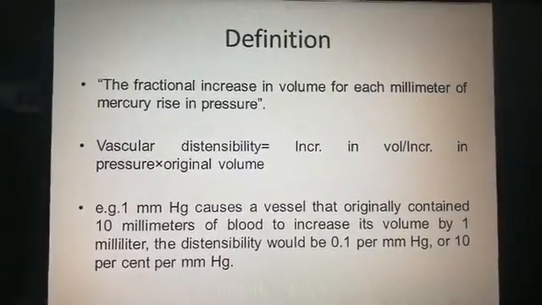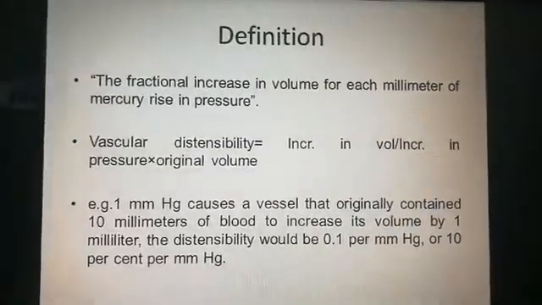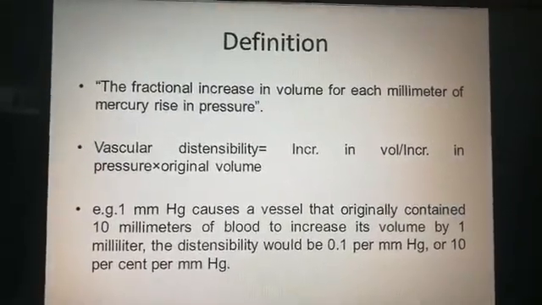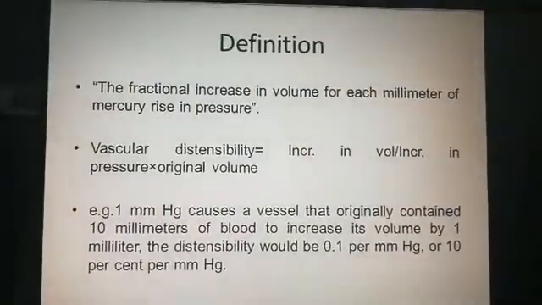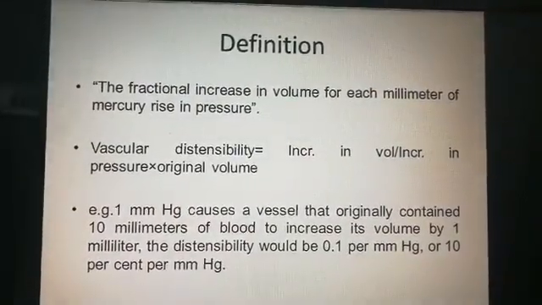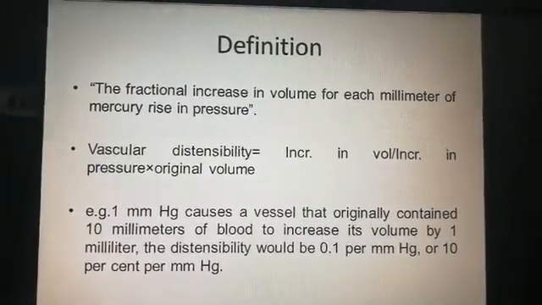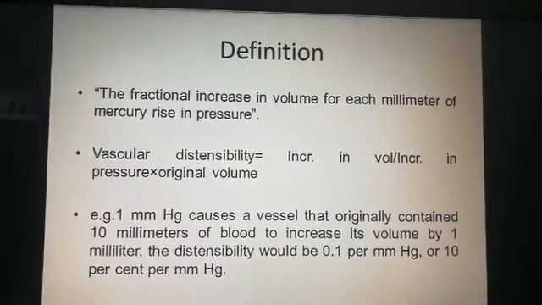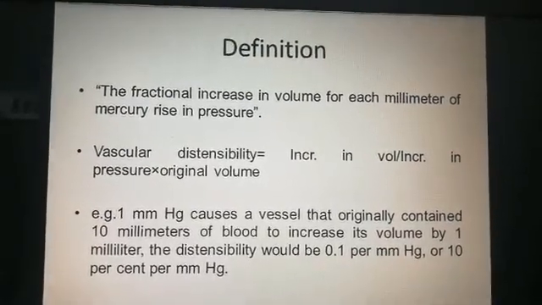The vascular distensibility is equal to the increase in volume over the increase in pressure times the original volume. The increase in pressure and the original volume are in the denominator, while the increase in volume is on the upper side.